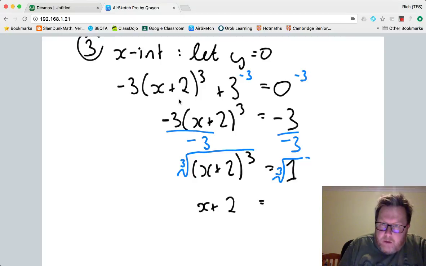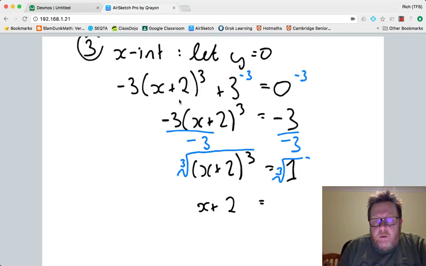Now in the quadratic form, if I'm taking the square root of 1, the result would be positive or negative 1, because minus 1 squared is 1 and positive 1 squared is 1. But for a cubic, it's different, because minus 1 times minus 1 times minus 1 is negative 1. So it's 3 negatives in a row that will make the result negative.